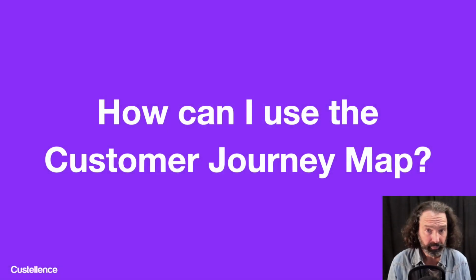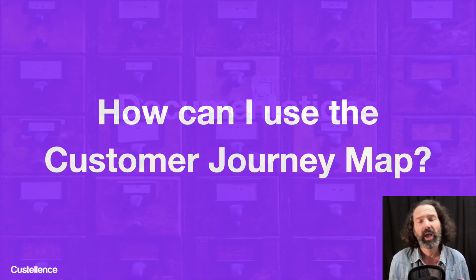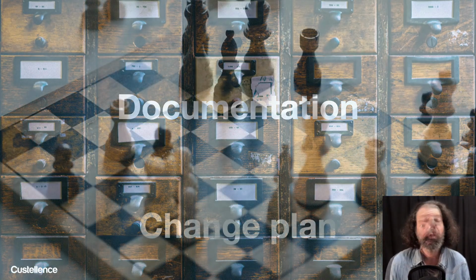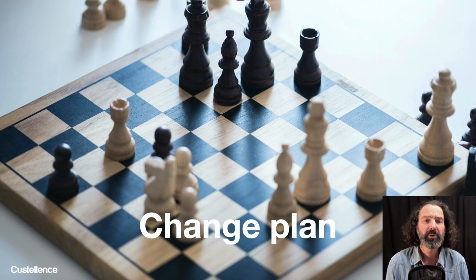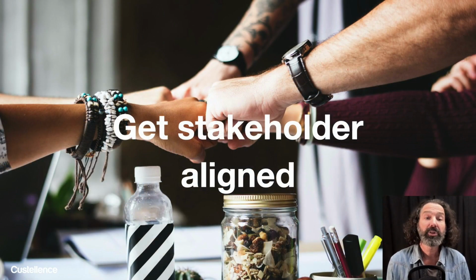So, how can I use a journey map? Maybe the most obvious thing is to use it as a library for customer insights and ideas and for documentation simply. Another way to use a map is to see it as a change plan, that is a visualized change plan, and to use it as such and to get stakeholders aligned.